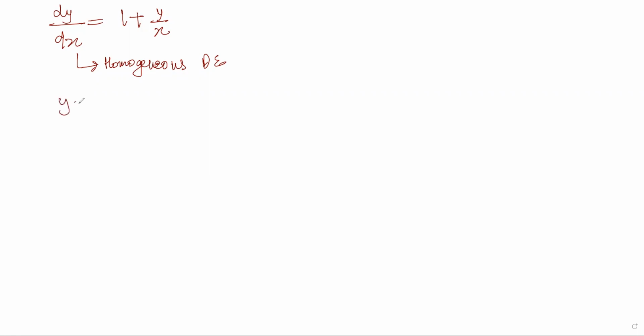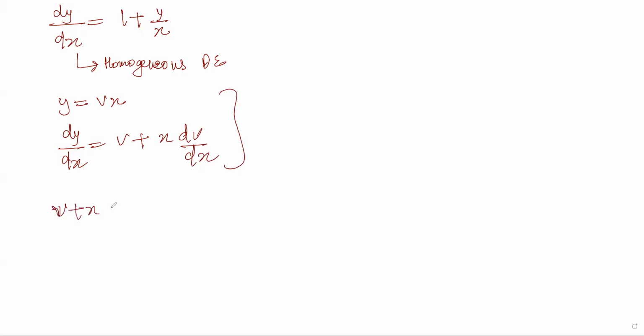So now we know we have to replace, and the homogeneous D is in the form of dy by dx. So we have to replace y with vx and dy by dx with v plus x into dv by dx. Apply them, you would get v plus x into dv by dx is equal to 1 plus, from this, you get y by x as v.